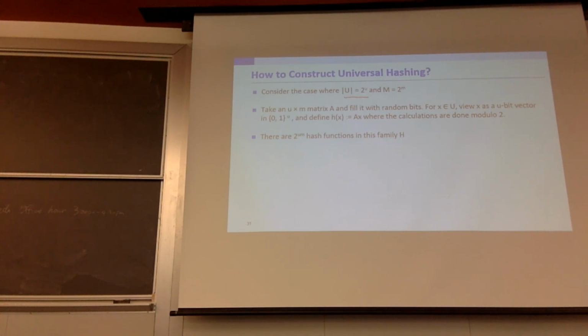The construction here we show is only for a hash function that maps 2 to the power of u to 2 to the power of n, something like that. If you have a more general universe, like a bunch of strings, like A, B, ABC, and this U also has a size of 2 to the power of u, and you want to apply the construction here, you need to first map these strings into those consecutive non-negative integers from 0.